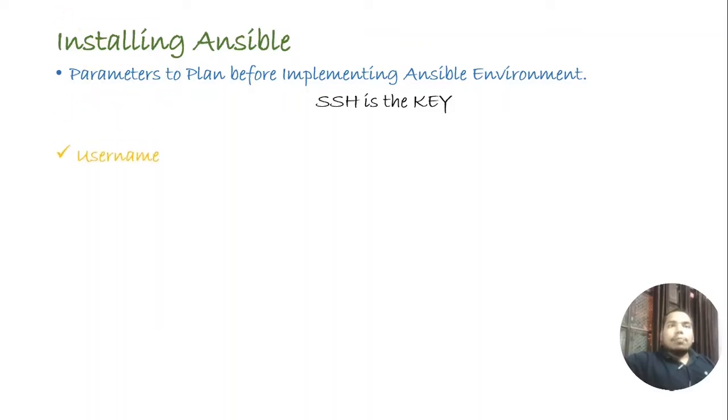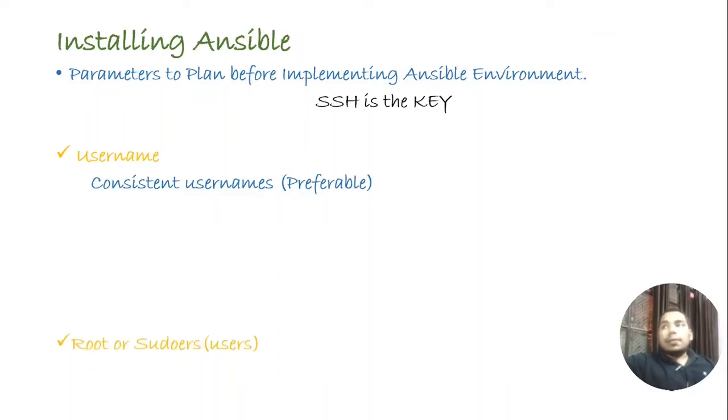First parameter is username. You can keep the username consistent across all the clients that you are connecting to. That's preferable. In our lab, we are going to log in with the username ansible. After that, you have to decide how we are going to configure system things. Are we going to use sudo or the root account, or is Ansible going to connect to the root account of the remote computers?